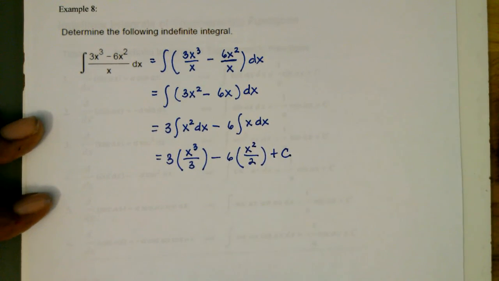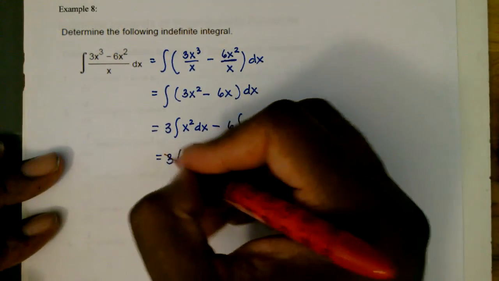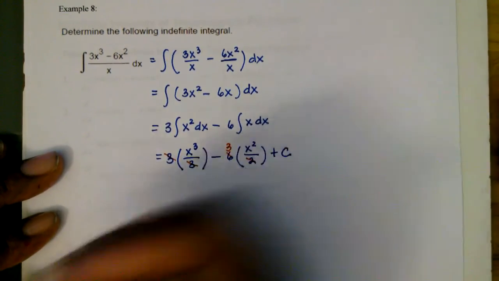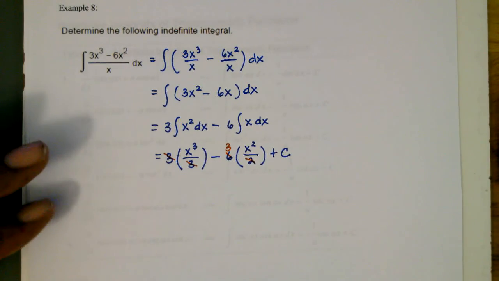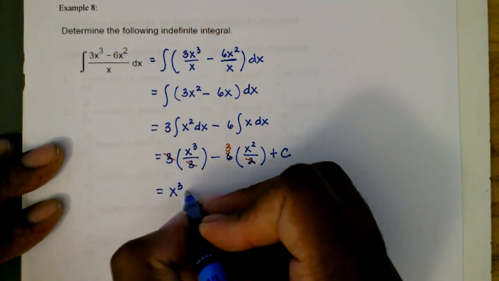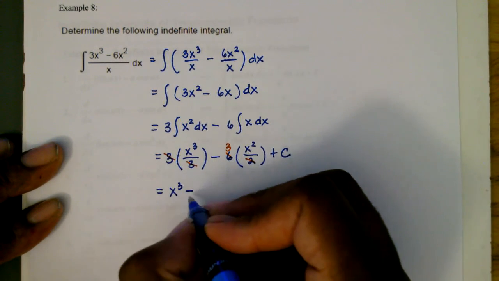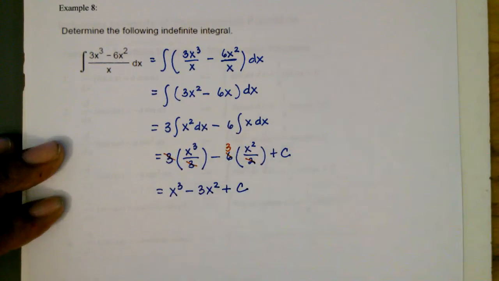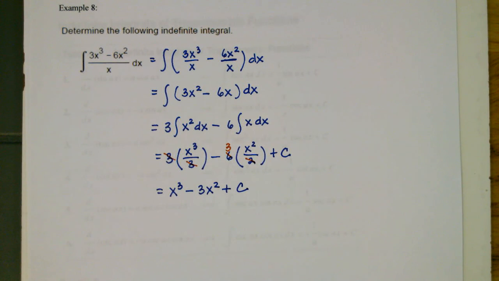Now, if we simplify this, if I divide out the 3's here, and if I say 2 goes into 6 3 times, I will end up with x cubed minus 3x squared plus c. Okay, and that's the integral of 3x cubed minus 6x squared, all divided by x.